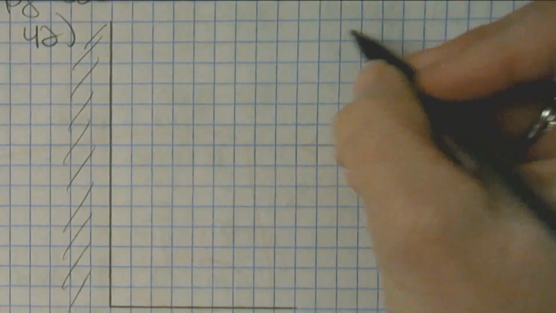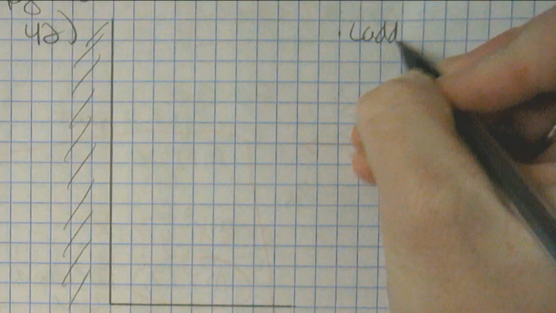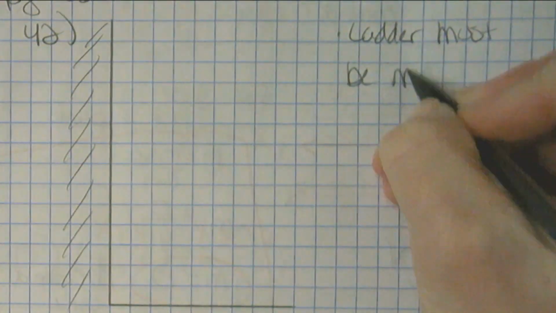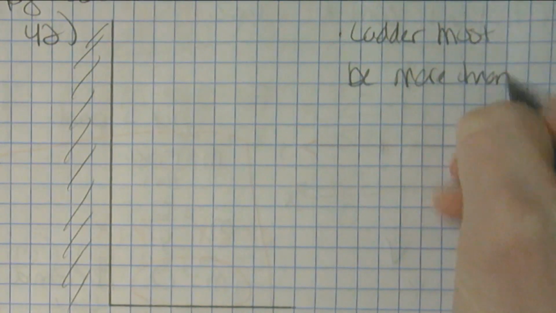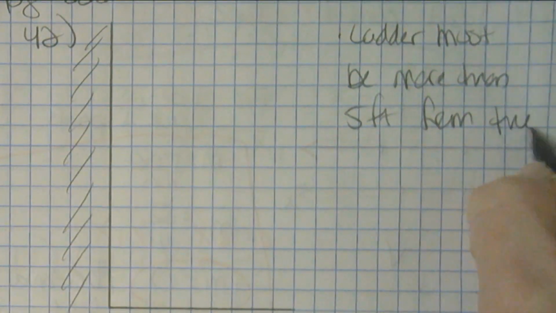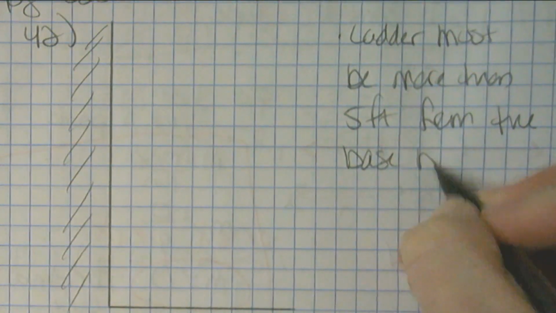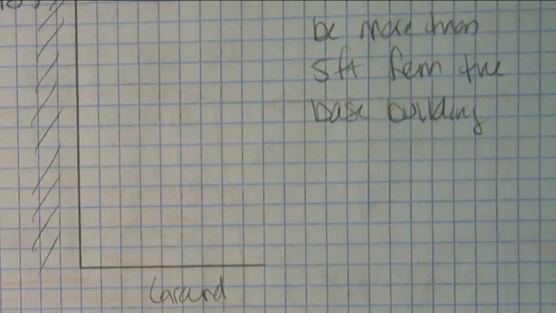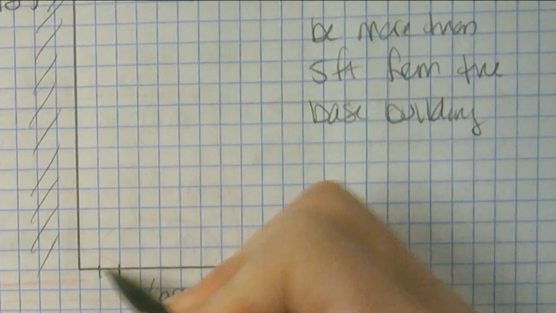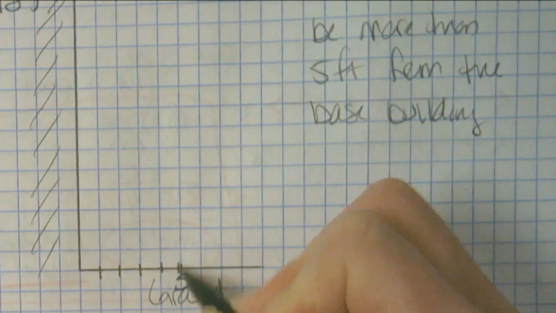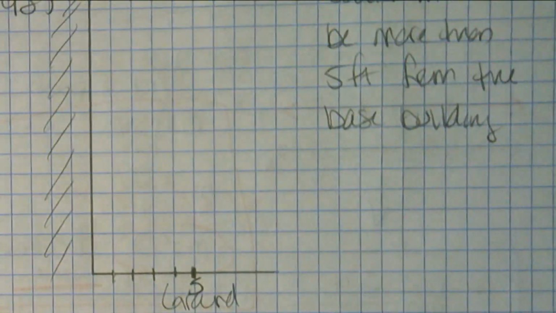They tell me that the ladder must be more than 5 feet from the base of the building. All right, so I'm just going to count feet here. 1, 2, 3, 4, 5. Here is 5 feet from the base of the building.